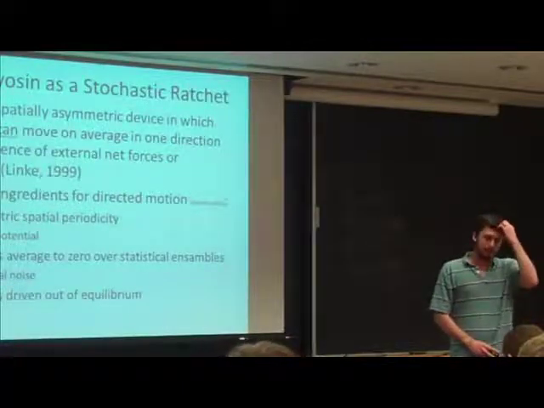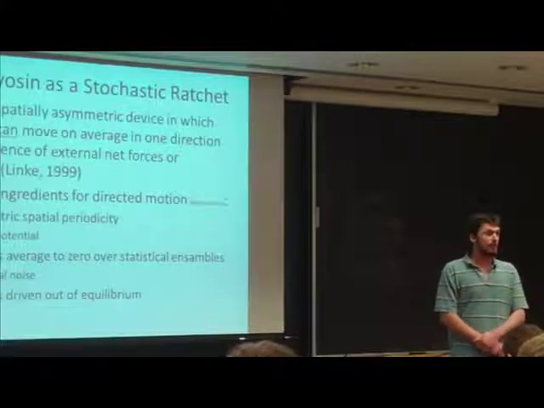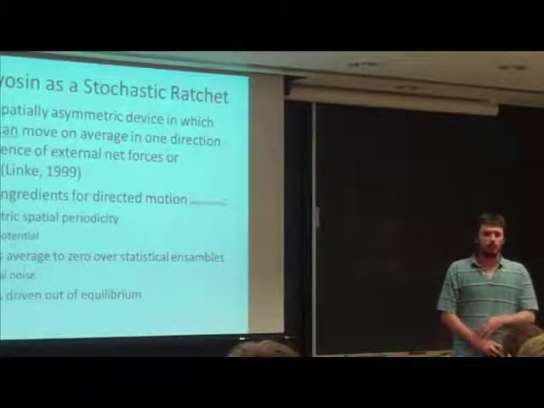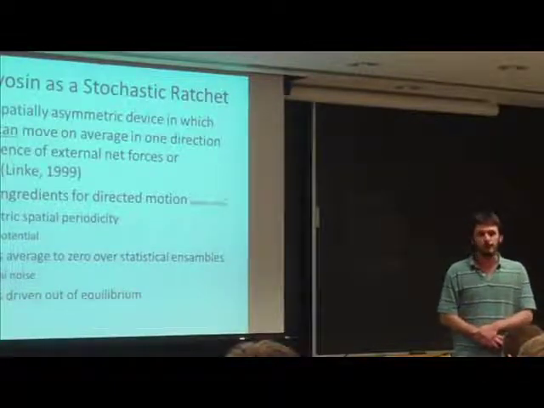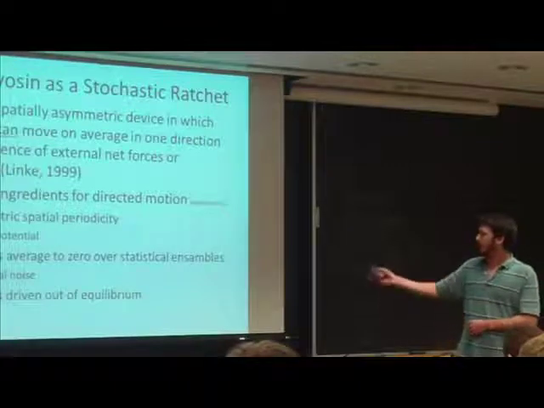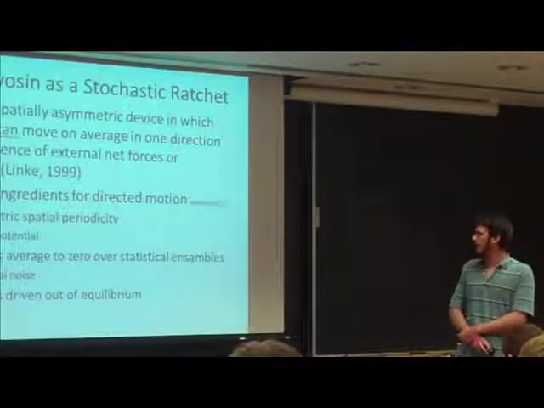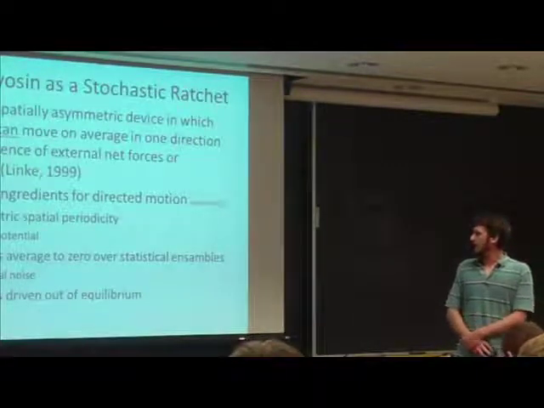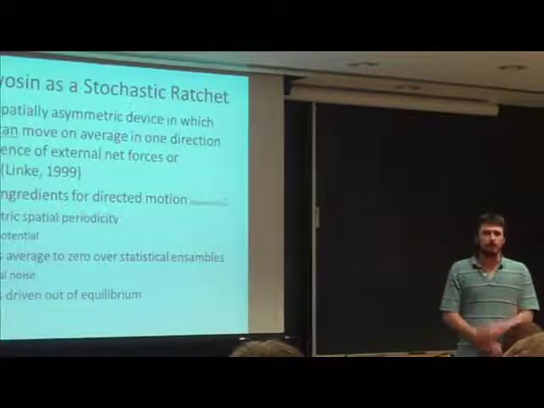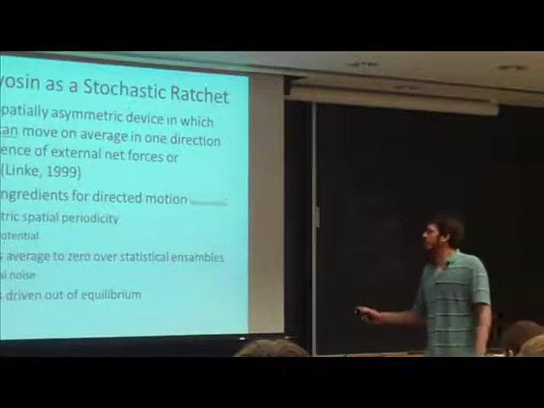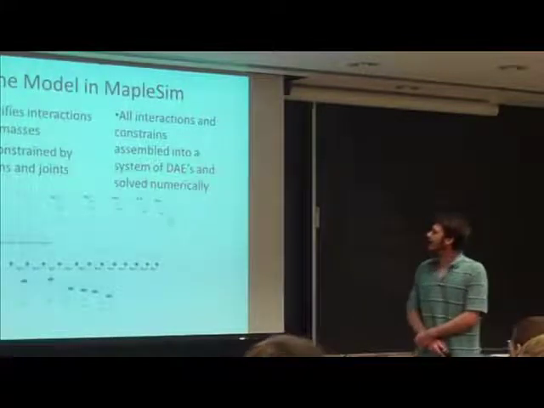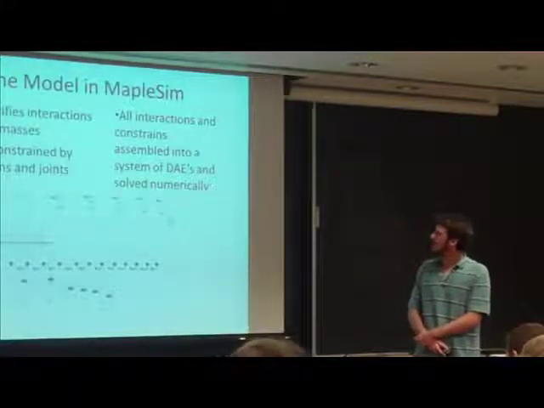In this case, we use ATP to do that, both through the binding of ATP that releases the system, and through the energy of hydrolysis that causes the myosin head to swing. The third, a somewhat trivial requirement, is that the statistical ensembles of the forces must average to zero, or else you don't even need a ratchet at that point.